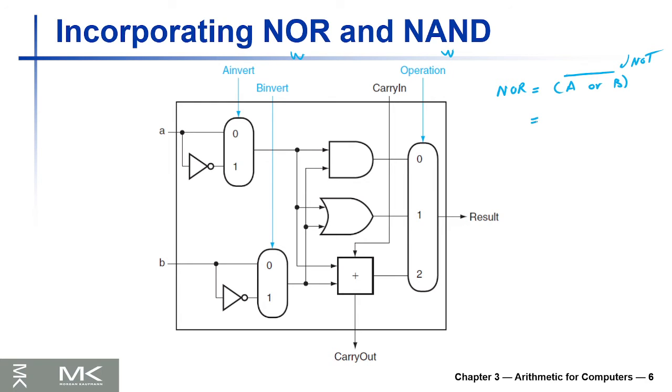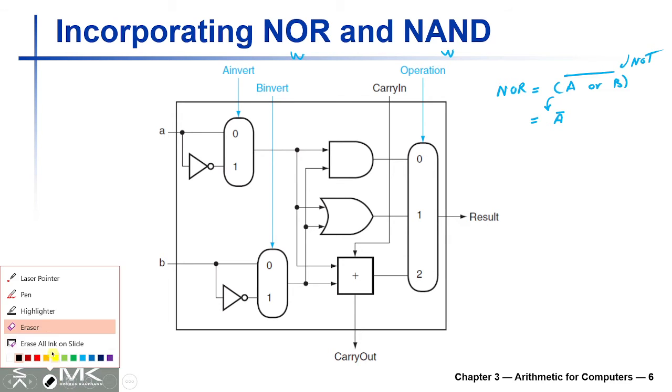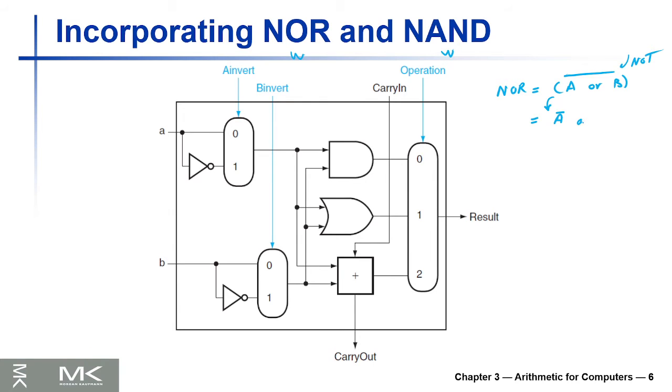So there is a theory called De Morgan's theorem, in which you can distribute the inversion into the A and B and the OR operation here. So this will be equal to A inversion, or A complement, dot, or let's write it, and B complement.